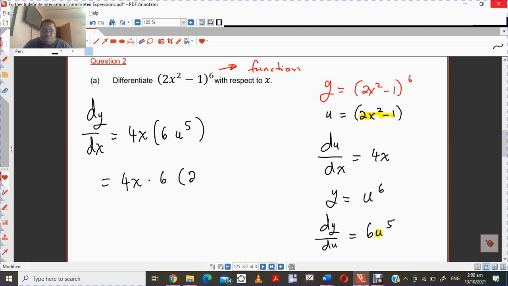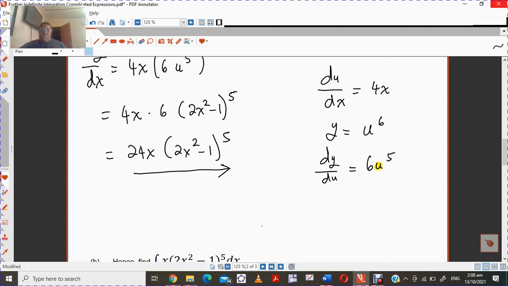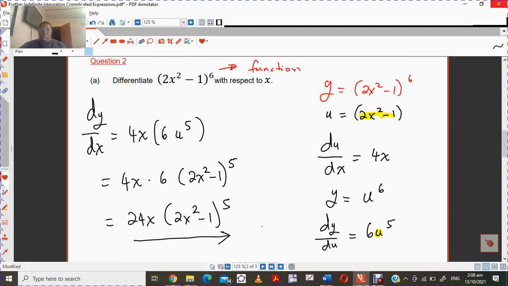Our u is 2x squared minus 1. It should be raised to the power 5. In fact, you can clean this up. This is 24x, and then you have got 2x squared minus 1 all raised to the power 5. So this is how we differentiate that, because that should be a little bit straightforward. So what is the function? Our function is the 2x squared minus 1 all raised to the power of 6.